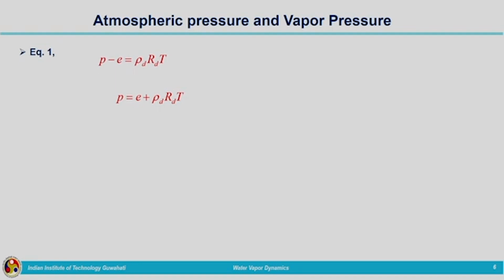The expression for E is known to us, that is vapor pressure E is equal to rho v Rv T. That we will substitute here in this equation. We have Rd over here and Rv can be put in terms of Rd, Rv is equal to Rd divided by 0.622.